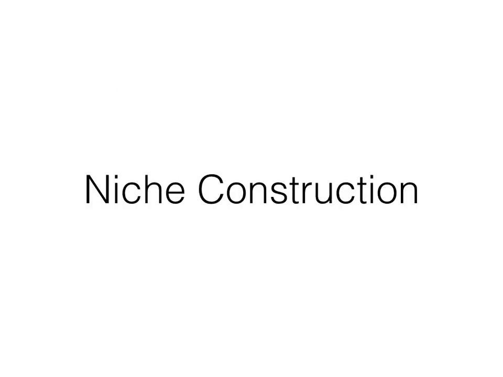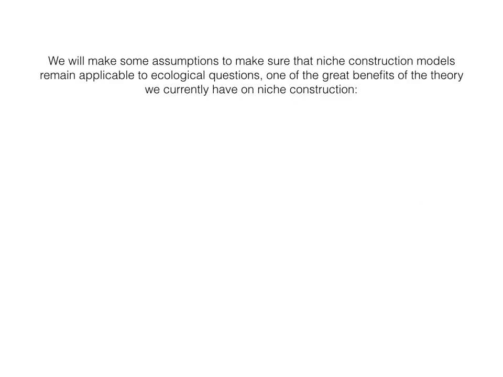Okay, so we're 11 minutes in. We can talk about niche construction now. Okay, so to make a niche construction model, we're going to make some assumptions that will make sure that the niche construction models retain some features of niche construction that we really like and that are really useful to us. So one of the great benefits of niche construction is that it's very applicable, particularly to ecological questions.